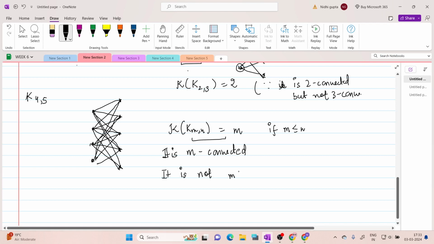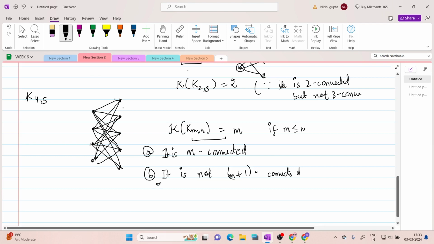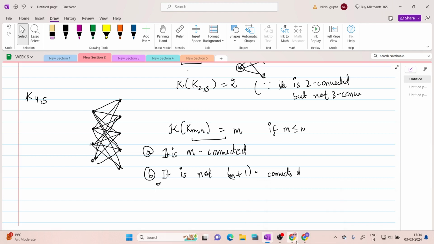So let's try to prove both of these claims. First, the easy one: why is it not M plus 1 connected?